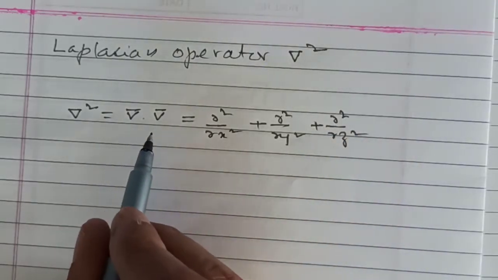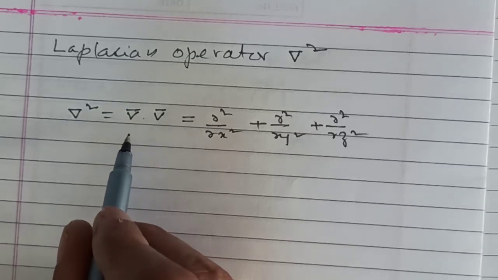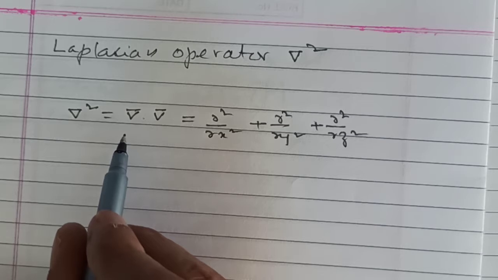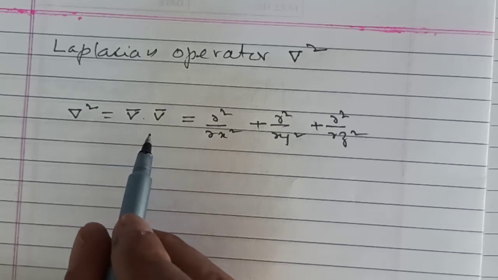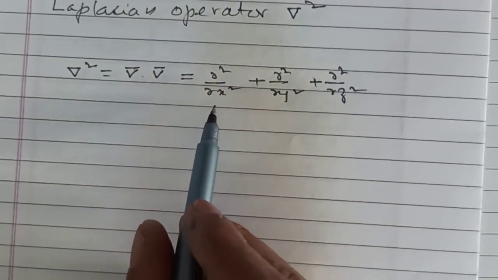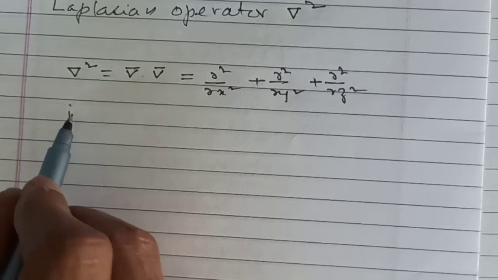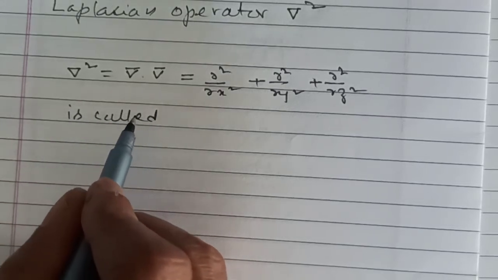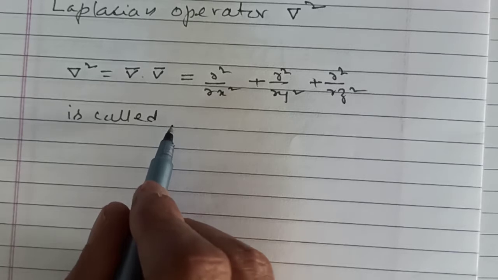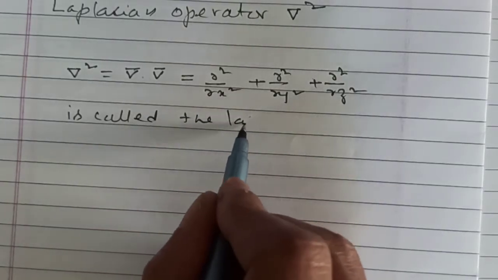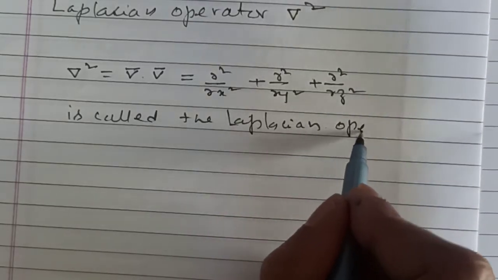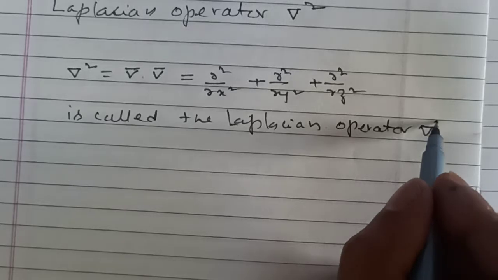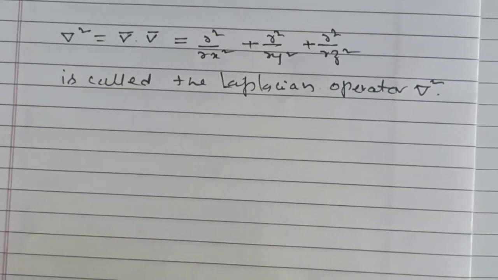Actually we defined del so that we can take del dot del, the dot product between them. This simplification is called the Laplacian operator del square.